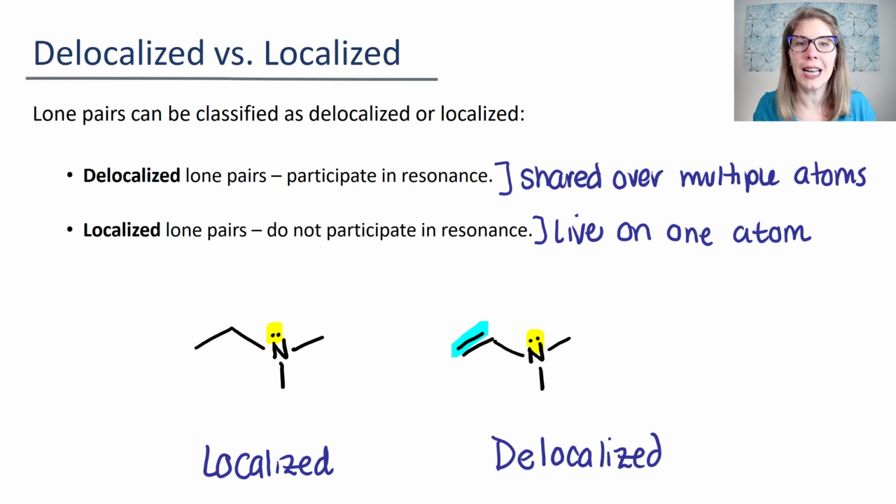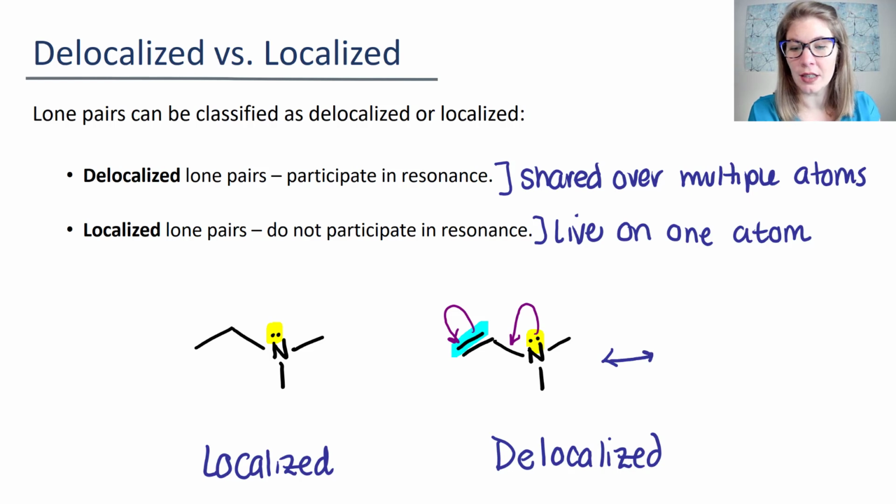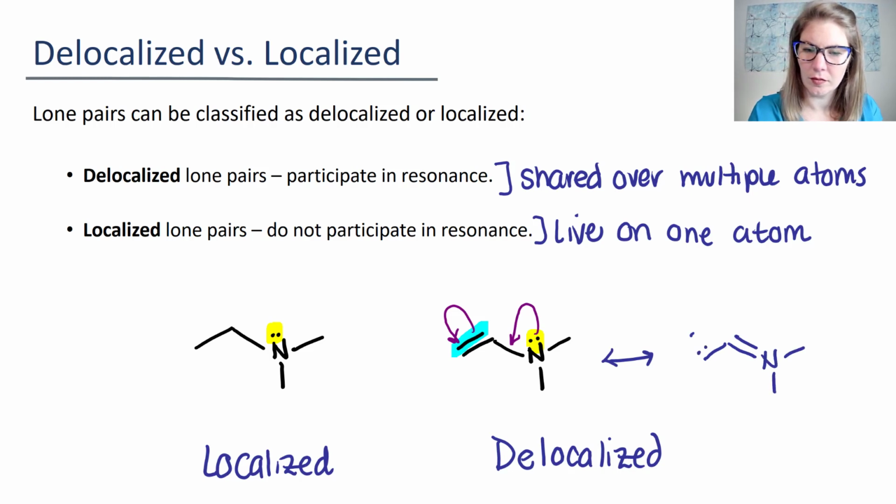So a delocalized lone pair is also living in a p orbital. And you have the ability to draw this set of arrows in order to generate another resonance structure that looks like this.